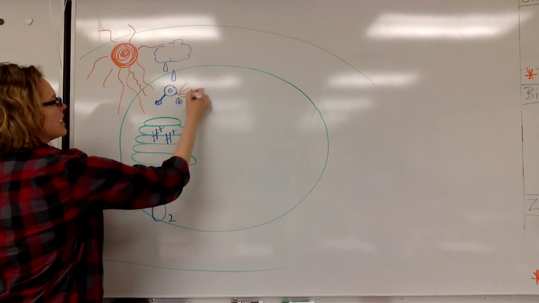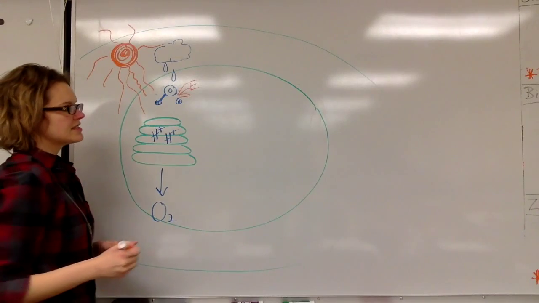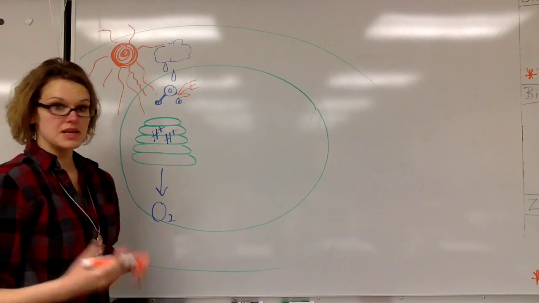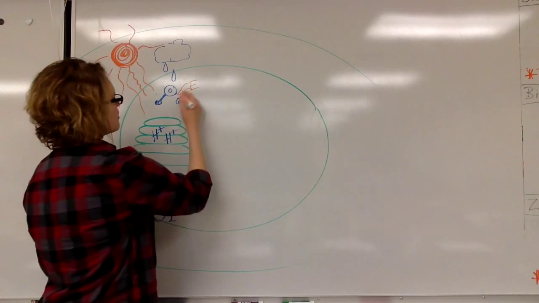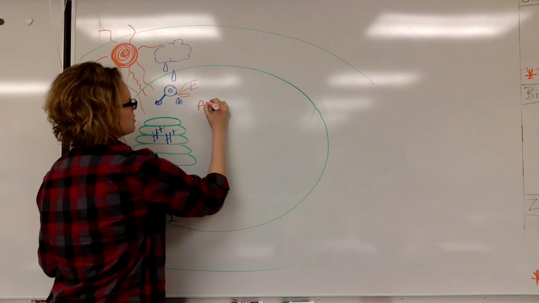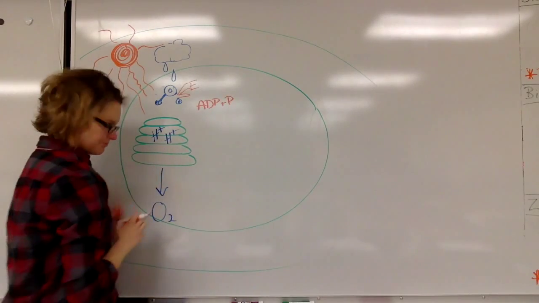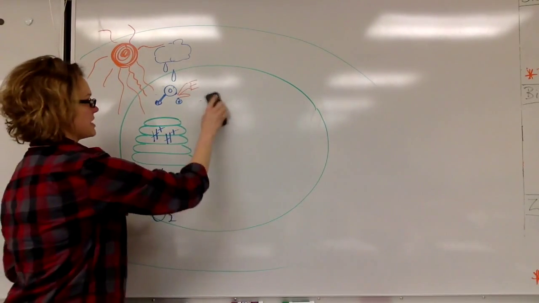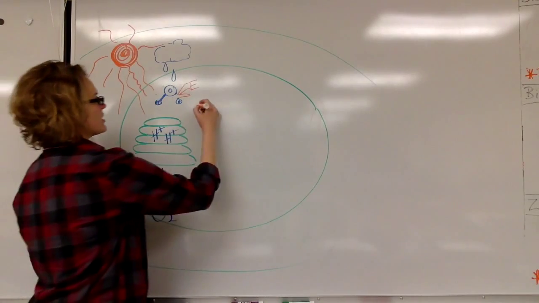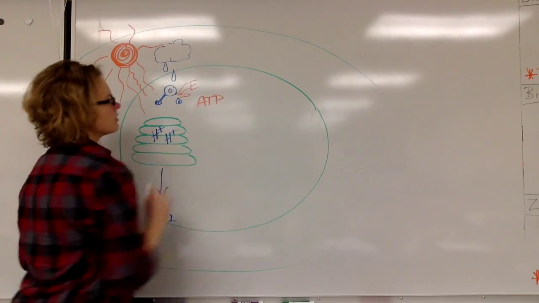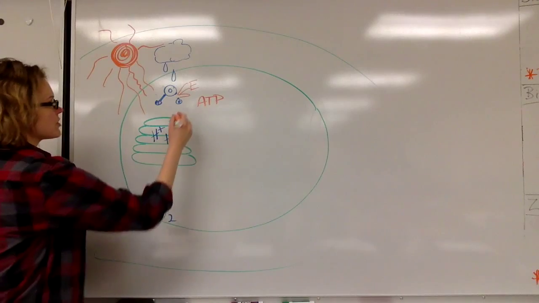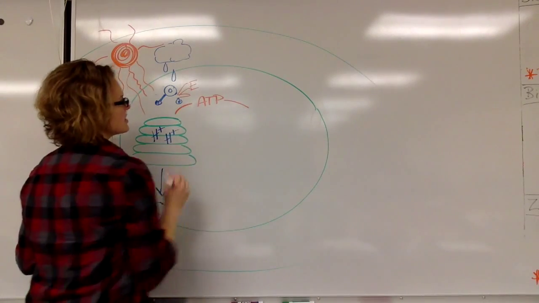Now, that energy is used to create something we call ATP, right? That energy is going to put ADP together with a phosphate, which is our ATP, adenosine triphosphate. So that is our first energy carrier that is going to go over into the next part.